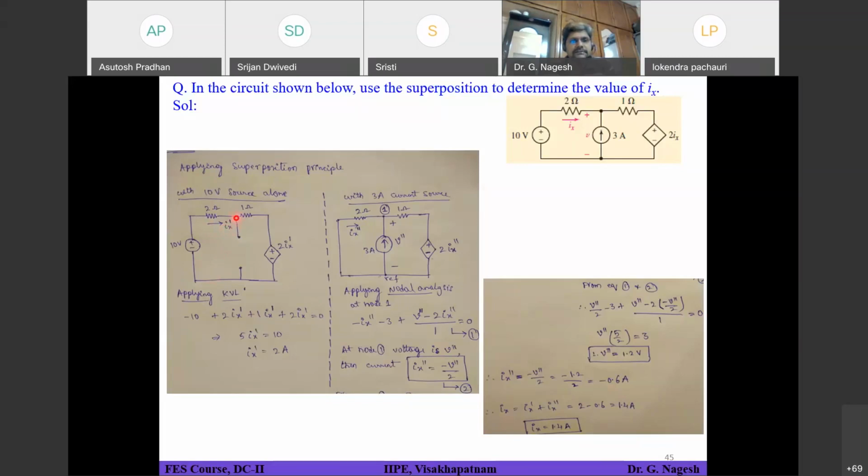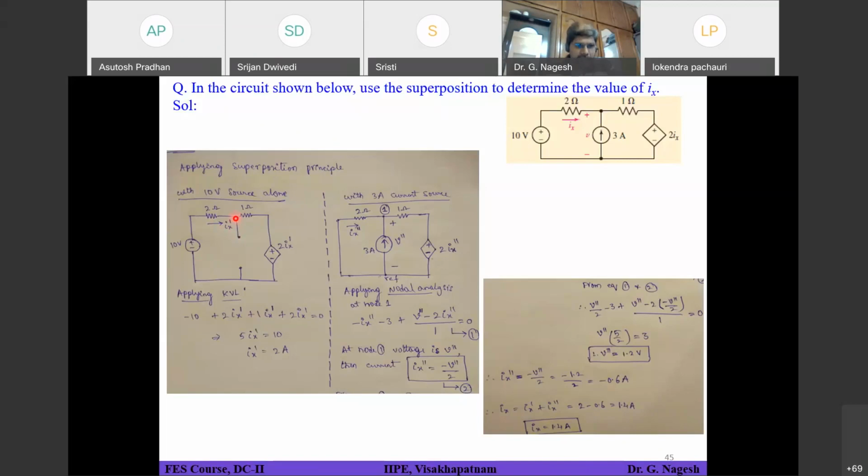So you know Ix dash is already 2 amperes. KVL is applicable only for a closed loop. Closed loop means I am denoting this voltage as V1 dash, right? KVL means all the voltages you have to add up in that particular loop.